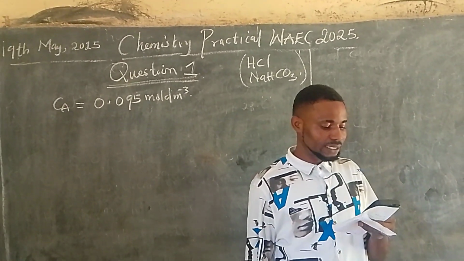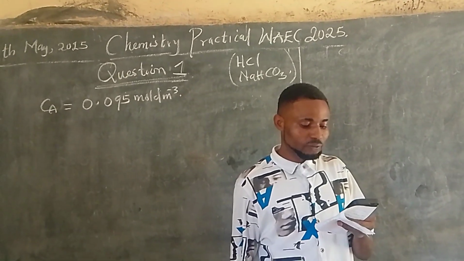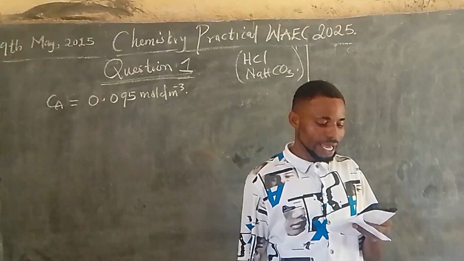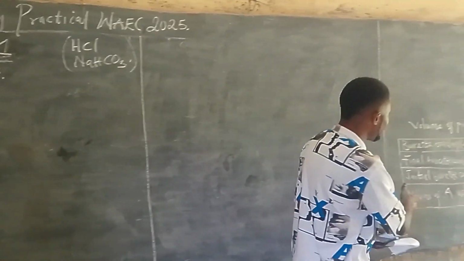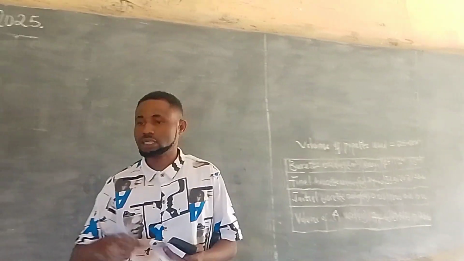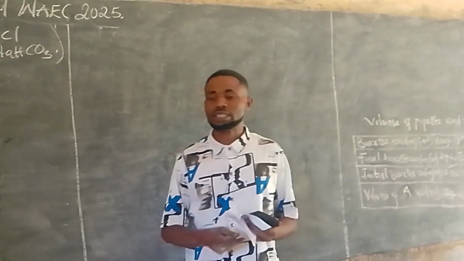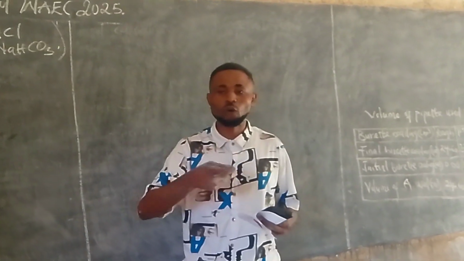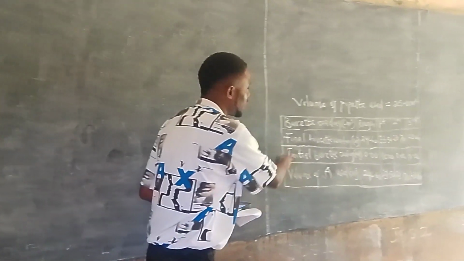Tabulate your burette readings and calculate the average volume of A used. Now look at this. We are titrating acid against base in order to get the average volume of acid used. That's our A. Now look at this table here.